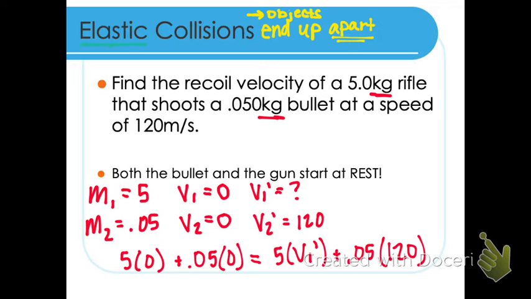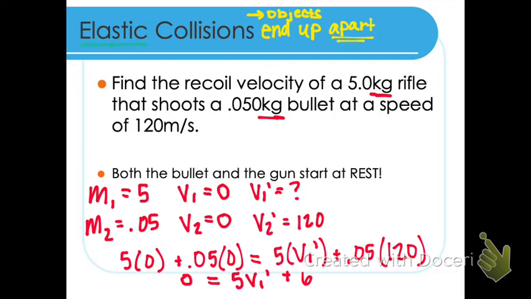And so I'm going to have an equation that says 0 equals 5 V1 prime plus 0.05 times 120, which is exactly 6.